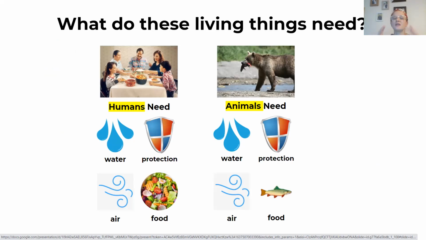So the things that are the same between animals and humans, you'll see that humans need water, protection or shelter, air, food, and we did speak about also needing sleep so that our brains work correctly. And then animals need water, protection, air, food, and also they would need some sleep to keep their bodies going and functioning.